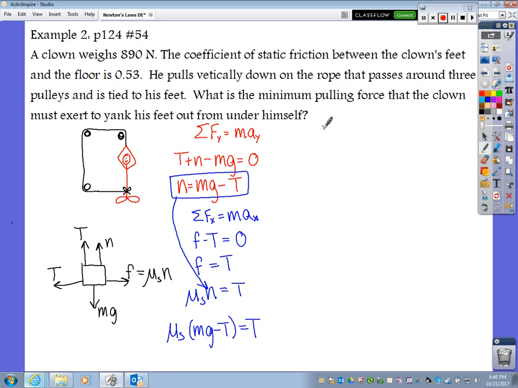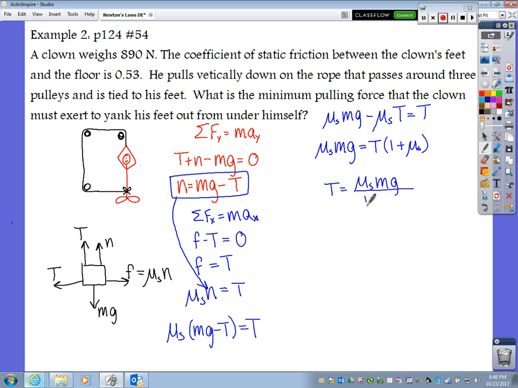So I've got mu static mg minus mu static times T equals T. So mu static mg, I'm adding this term to both sides, equals T times 1 plus mu static. Divide by this part, T equals mu static mg divided by 1 plus mu static.